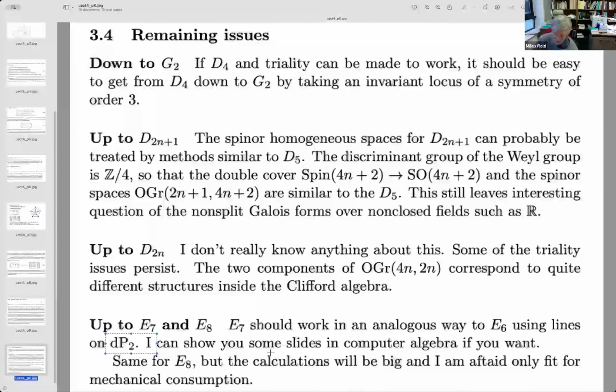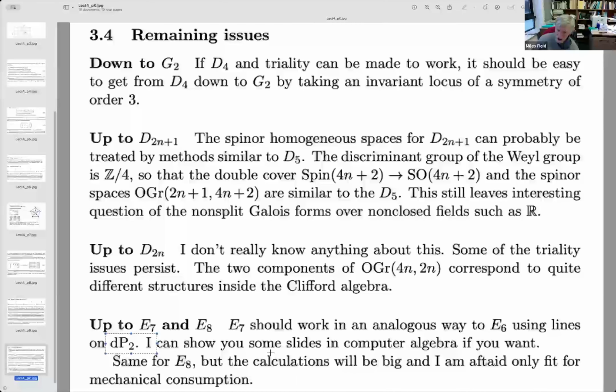So del Pezzo 2 still has this property that modern algebraic geometers love. It is a Fano variety, with minus K ample. And it has a configuration of 56 lines.